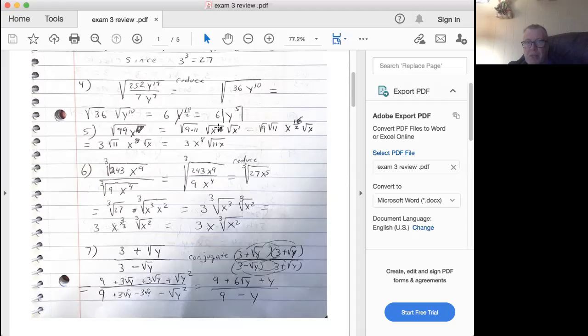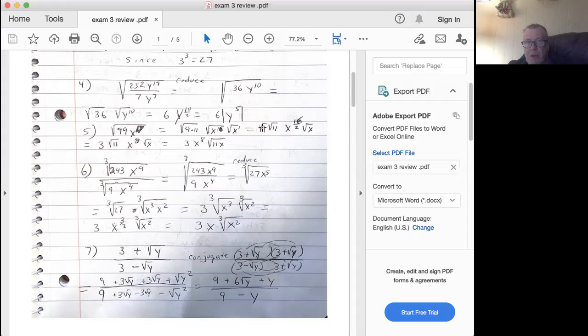So in this case, 16 plus 1 gives us 17. We break it up as x to the 16th under the square root and x to the first under the square root. Dividing out, we get x to the 8th, and then we still have the square root of x.